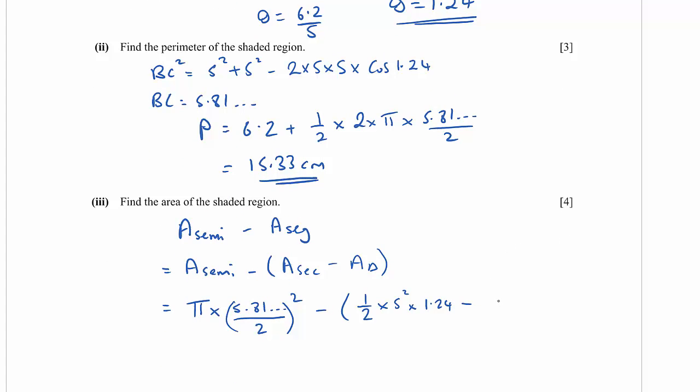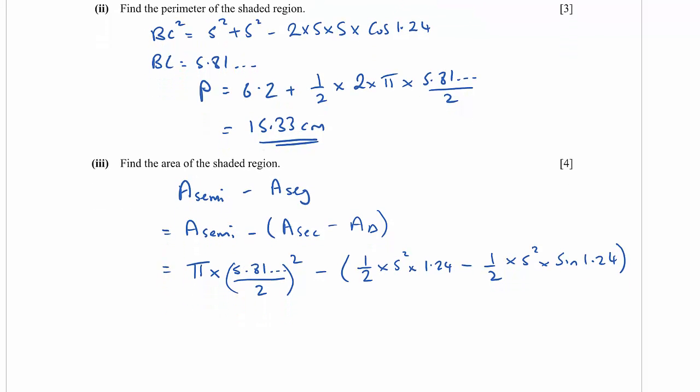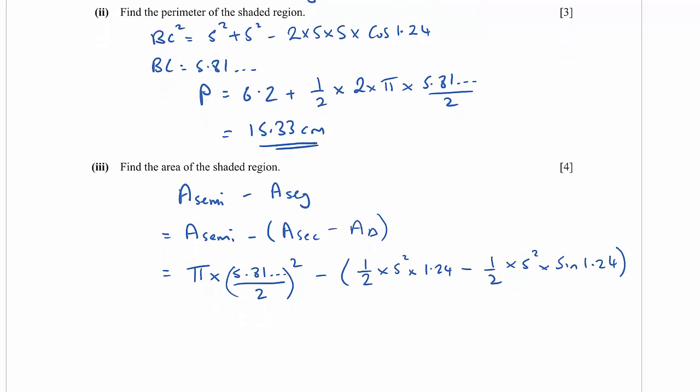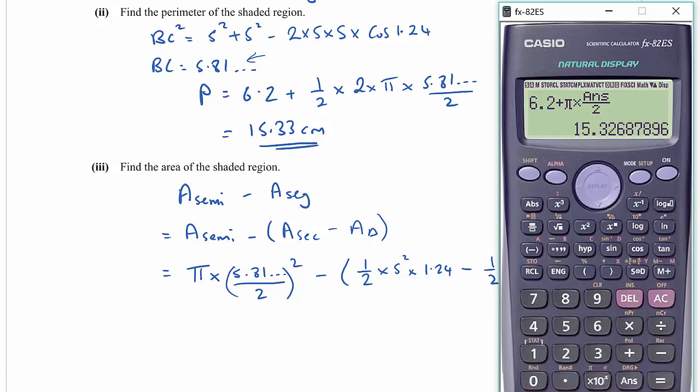And the area of the triangle, we're using a half ab sine C, so that's a half times 5 times 5 times the sine of 1.24 radians. I probably should have stored a bit more of this answer here. I really wish I had done. So I might just do a quick recalculation of that.